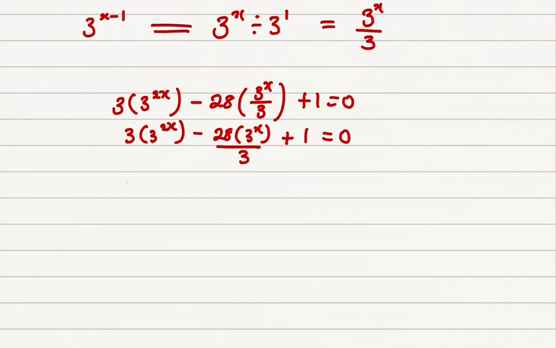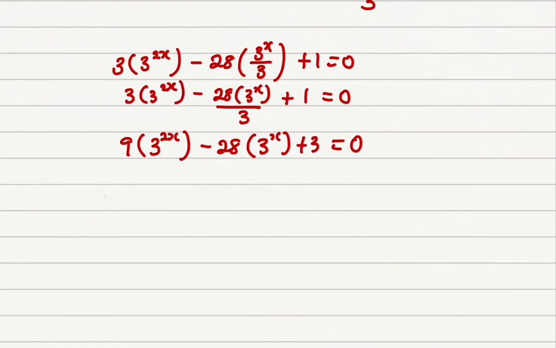Once I do that, I'm going to have 9 into 3 raised to power 2x, then minus 28 into 3 raised to power x, then plus 3 is equal to 0. This is what I'm going to have. Okay, good. So we are moving.